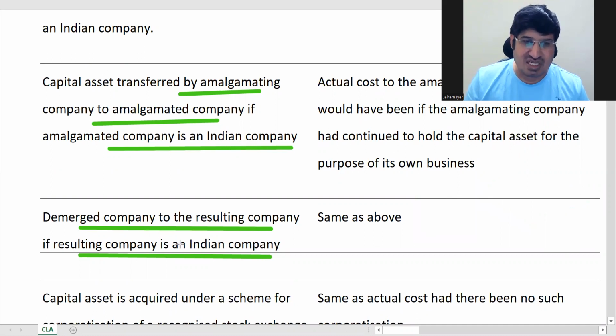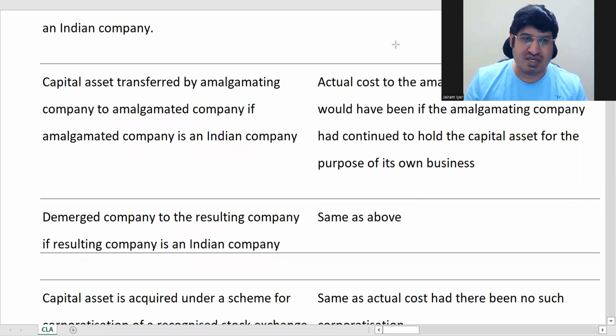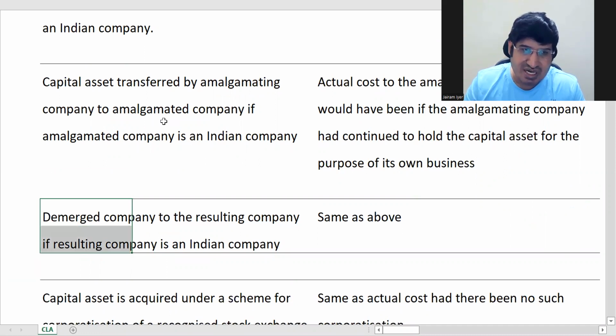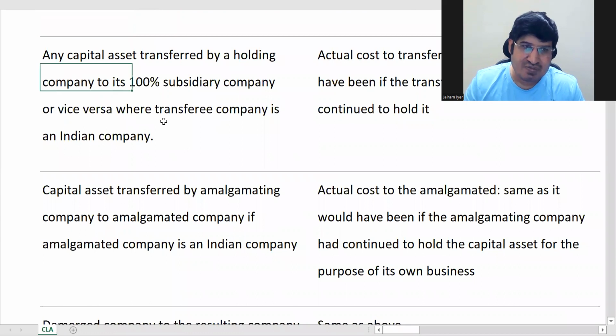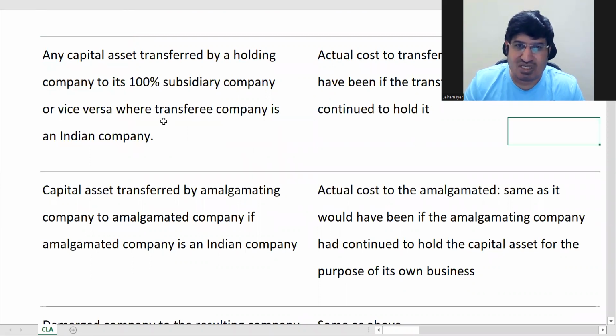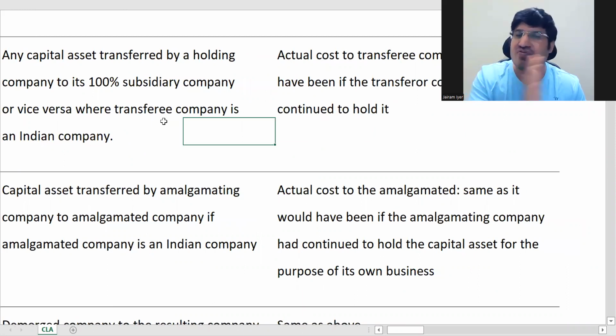So now for these three things जो है ये तीनों के लिए ट्रीटमेंट इज सेम. क्या आपको ये करना है ना इसमें, in these things when demerged to resulting, amalgamating to amalgamated, okay, and holding to 100% subsidiary. Okay, in all these cases what you have to do, you have to take the actual cost as it would have been in the books of the predecessor. ठीक है.